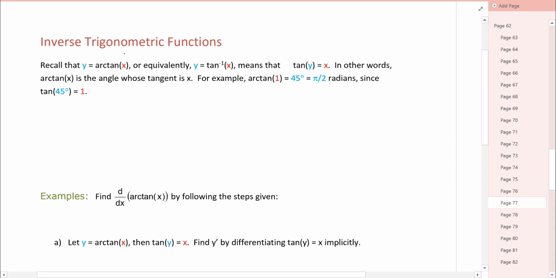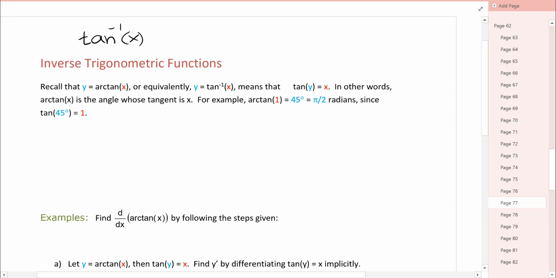You can write it as arctan x, or as tan to the -1 of x. On your calculator it says tan to the -1, but it doesn't mean 1 over. They're using that -1 notation in the sense of an inverse function, like a backwards function, not as a 1 over function. So that's one of the main things to know, that tan to the -1 does not equal 1 over tan, at least not in general.